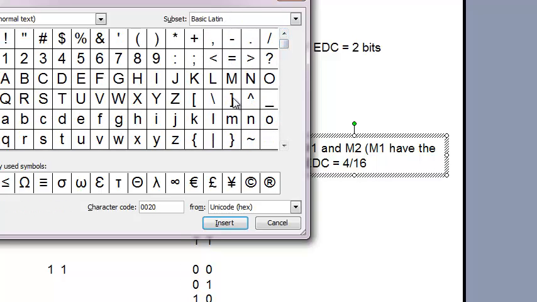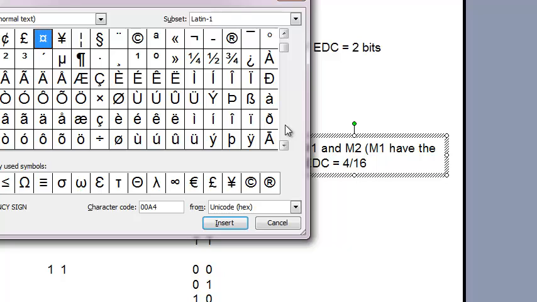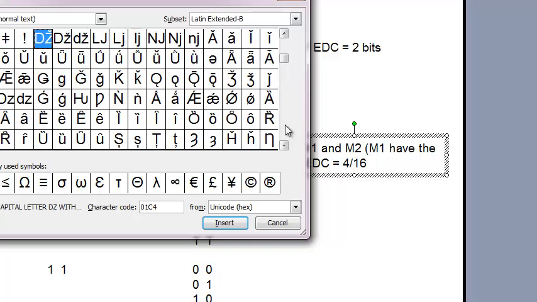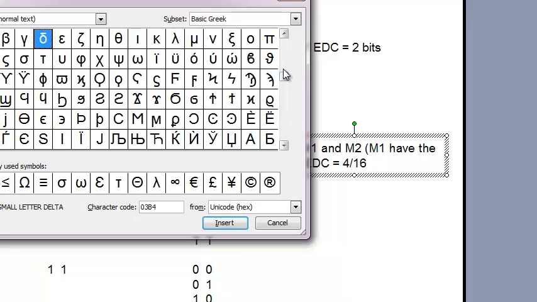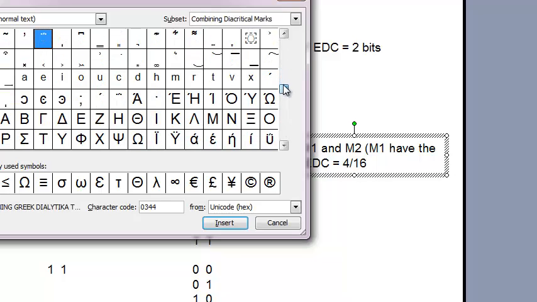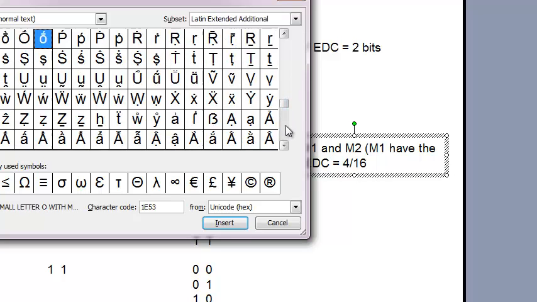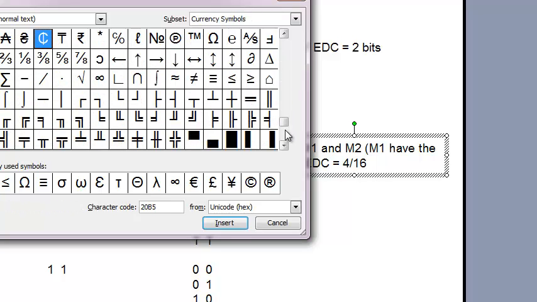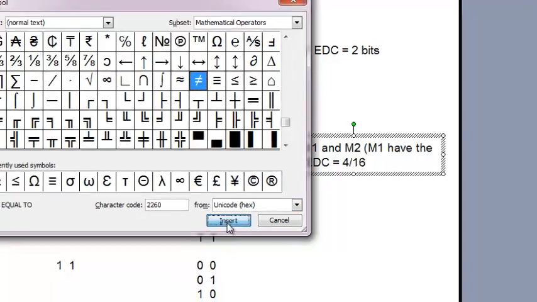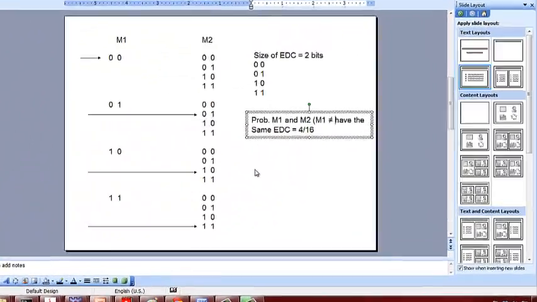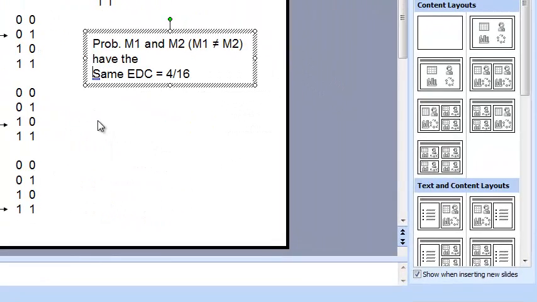I'm looking for the not equal to symbol. Okay, it's here. So the probability that M1 and M2, where M1 not equal to M2, have the same error detection code is going to be 4 over 16, which is 1 over 4.